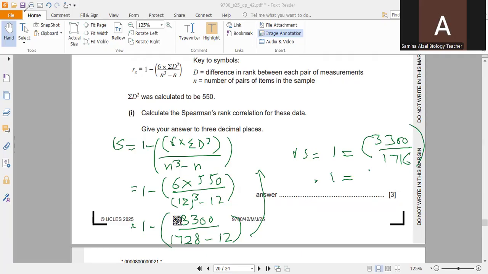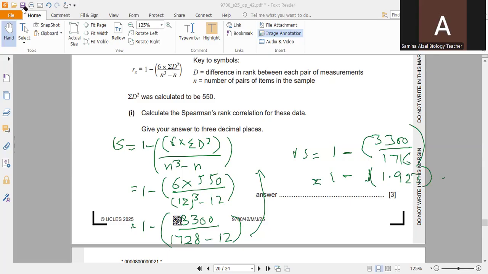After dividing 3300 by 1716, it is equal to 1.923.